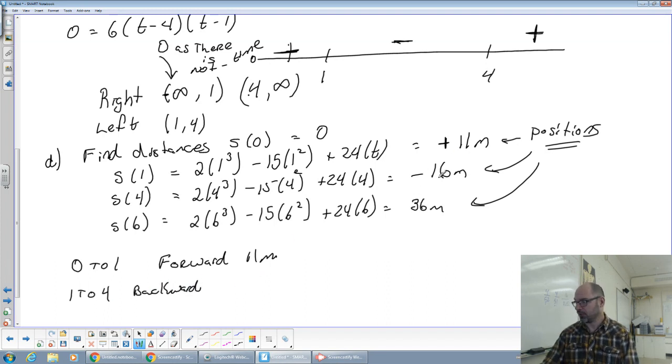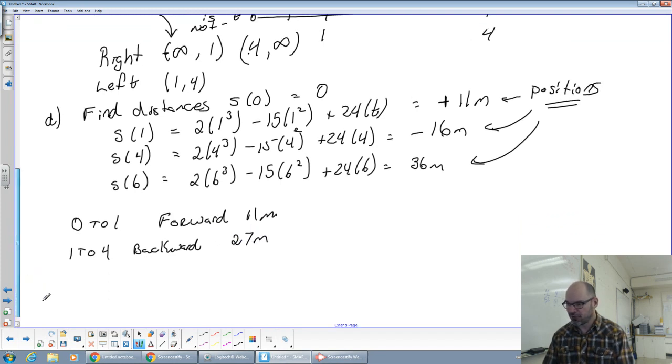You have to look at the difference between these two. You went from 11 to negative 16. 11 to negative 16 is 27 meters. Okay, and then from 4 to 6, because we didn't go to infinity in time, we went only to 6 seconds, you went up to 36. So you went from negative 16 to 36.